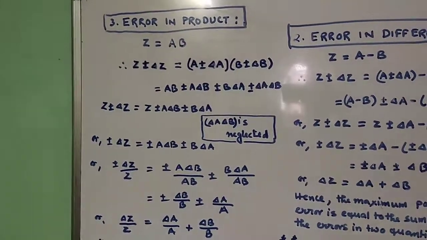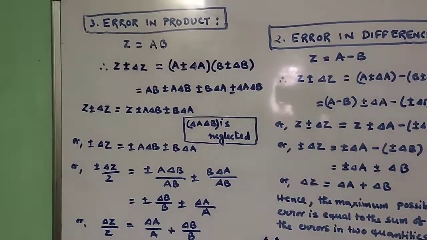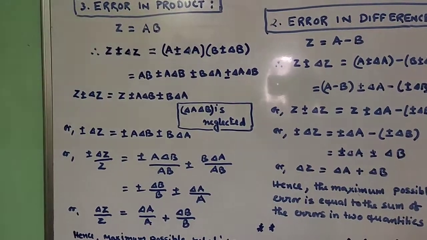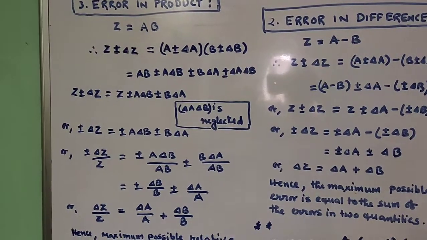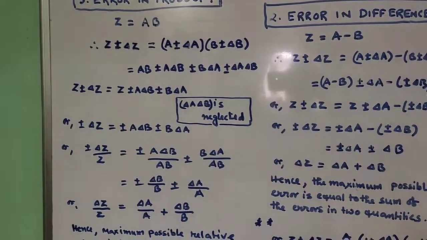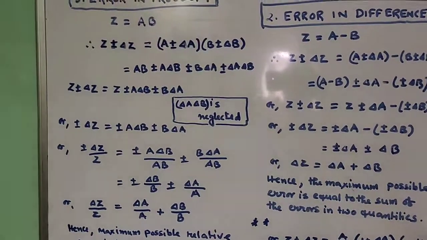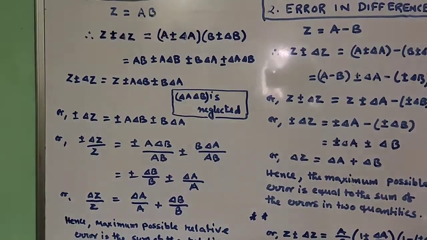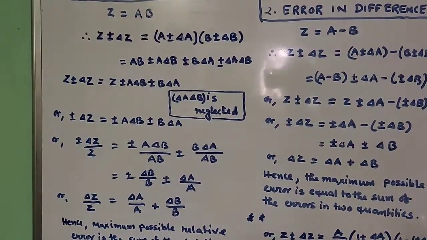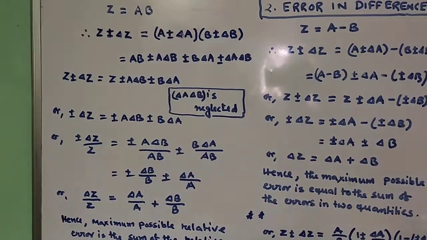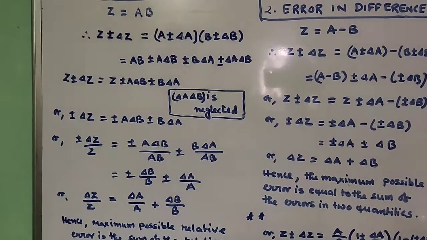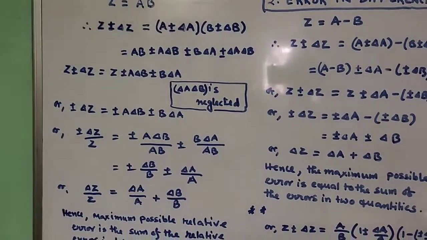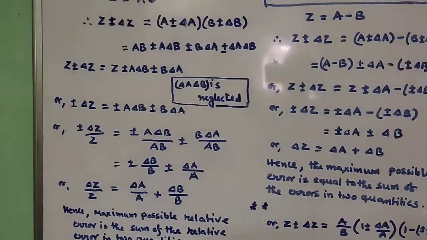So if delta A and delta B are the errors in the measurement of A and B, then for the error delta Z, you will get Z plus minus delta Z equal to A plus minus delta A, B plus minus delta B. So if you multiply, AB plus minus A delta B plus minus B delta A plus minus delta A delta B, or you can write plus minus delta A bracket plus minus delta B bracket.